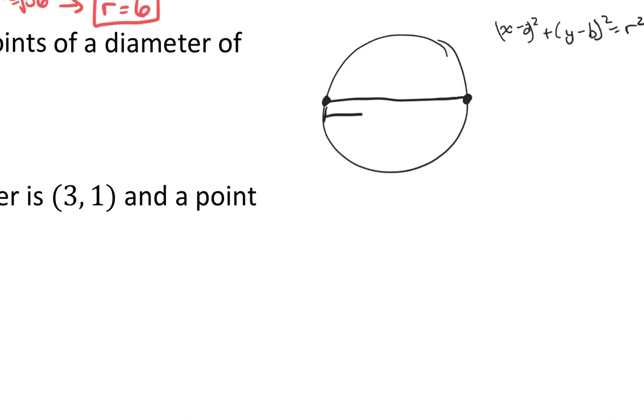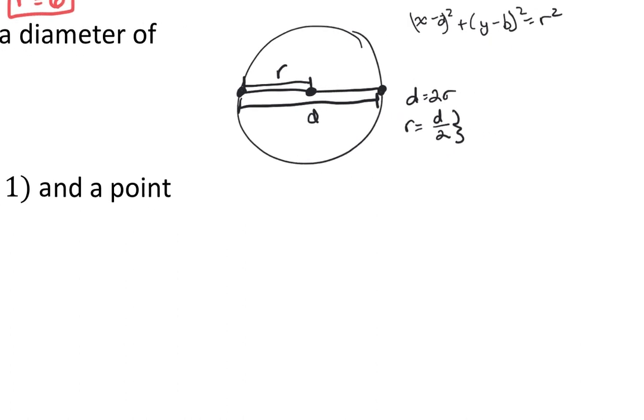If we know diameter, we can technically find our radius, right? Because our diameter is 2 times our radius, which means that our radius is d divided by 2. That means that our radius is half the distance of our diameter. So what we could do is find the total distance our diameter covers, and then divide by 2.